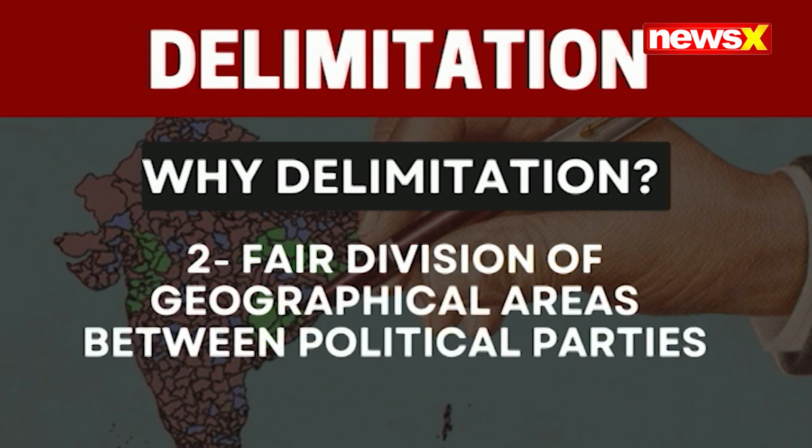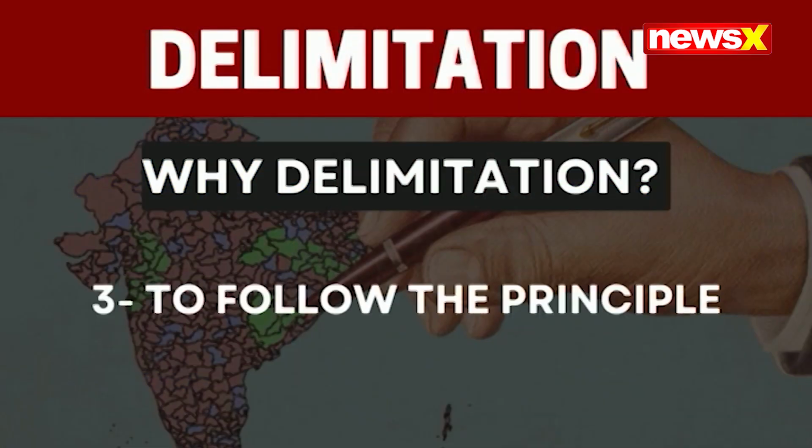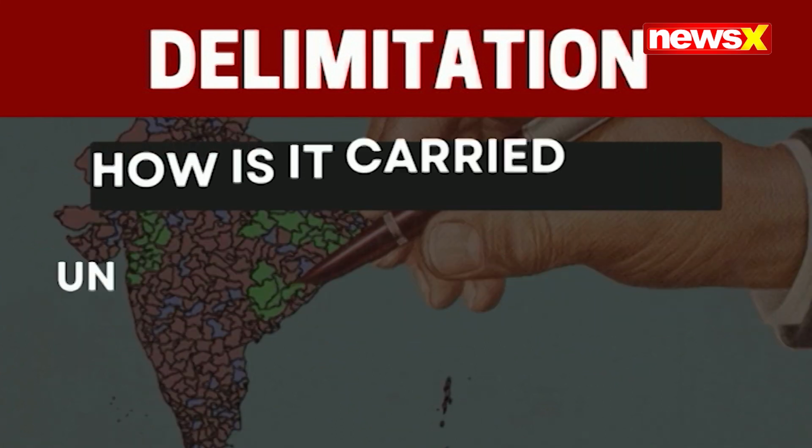Again, which means if a party has a preponderance in one area, they shouldn't be getting a lot more voters or a lot more people than another party which is dominant in another part of the country, but the population of that state could be lower. So it's done to ensure geographical parity between political parties, and it's also done to follow the principle of one vote and one value.